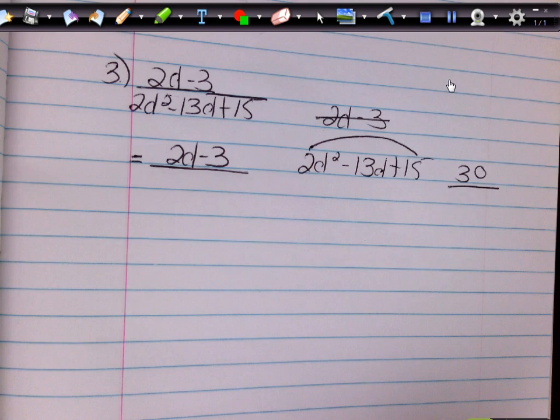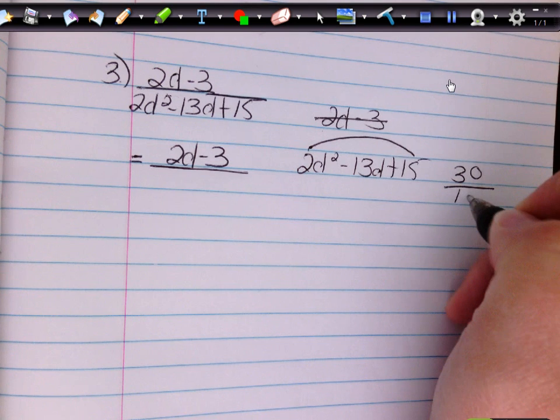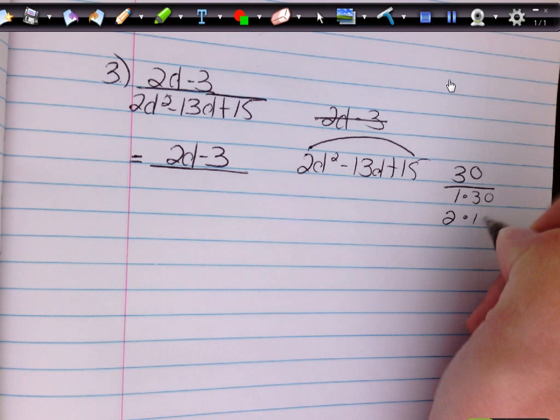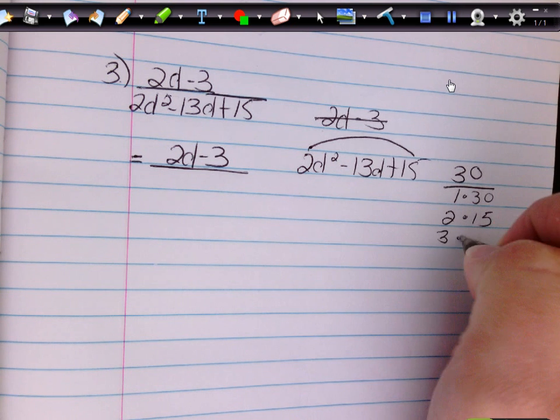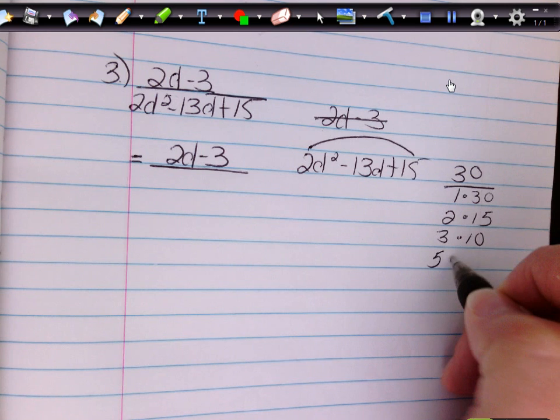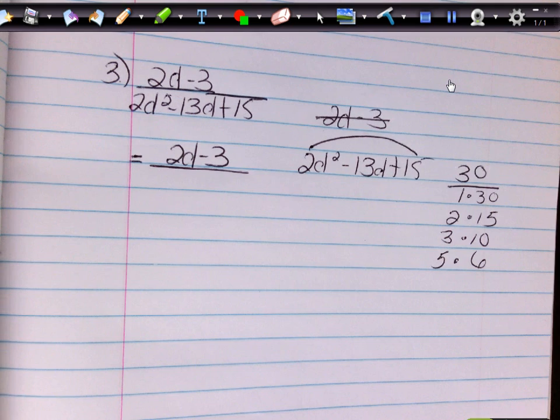Right, so then I'm going to list my factors for 30. I have 1 and 30, 2 and 15, 3 and 10, 5 and 6, and that's it.